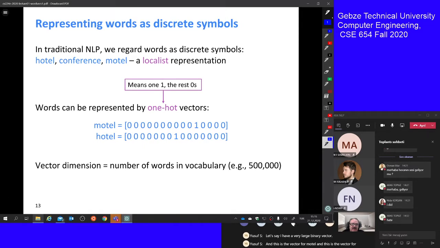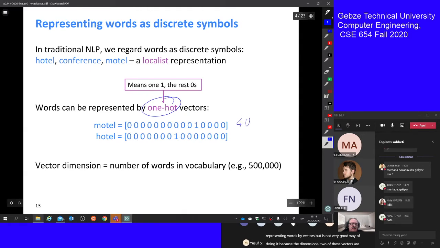Two different vectors. These are one-hot vectors. One-hot means that out of all the dimensions, there is only a single one. The one that corresponds to motel is this one. The one that corresponds to hotel is this one. So this is one way of representing words by vectors, but it's not a very good way of doing it because the dimensionality of these vectors will be very, very high.